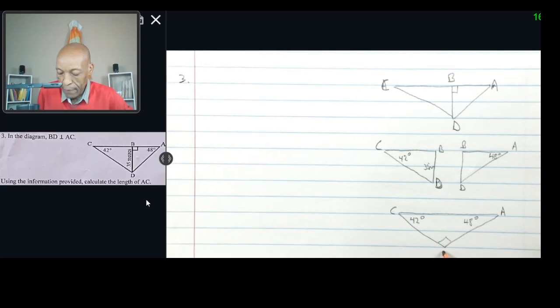So how do I find AC? Because I only have these two, which are what? Which are degrees. I don't have a side there. I also don't have a side there. So I can't use any sides. And I have not been taught how to use all these inside to find that. Grade 11, you'll see how you can do it with 3 angles.